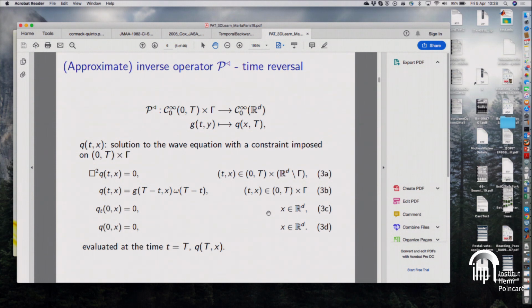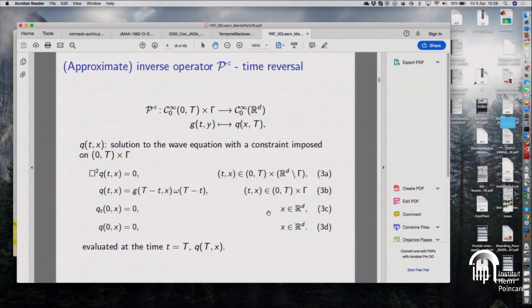And this inverse operator corresponds to, again, the initial value problem for the wave equation with homogeneous initial conditions. But now we have something like a time-dependent constraint on the sensor. So basically the data is again being played back, but in the form of the time-dependent constraint.